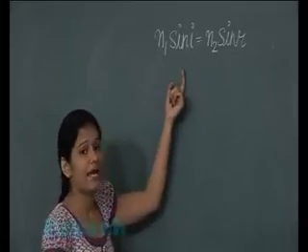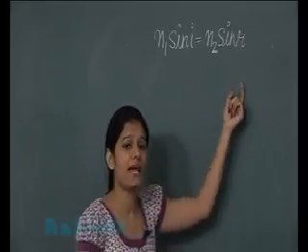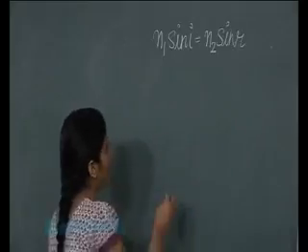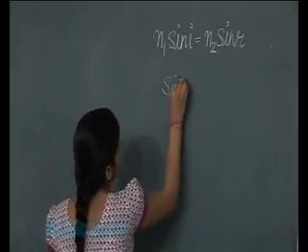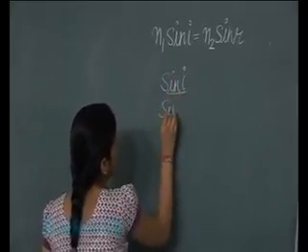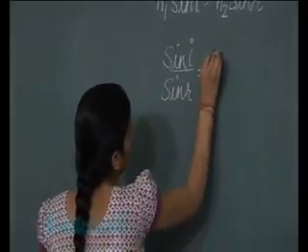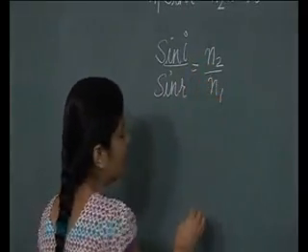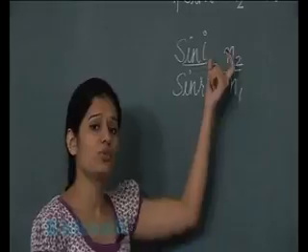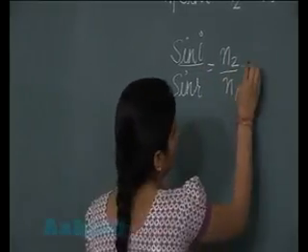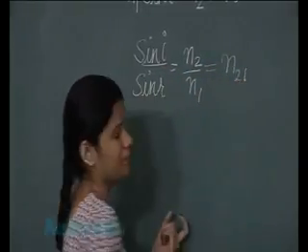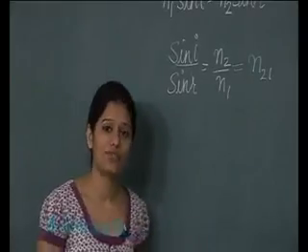Angle i is the angle of incidence and angle r is the angle of refraction. And we can write it as sin i by sin r is equal to n2 by n1, which is the refractive index of medium 2 with respect to medium 1, denoted by n21. Now students, these are the laws of refraction.